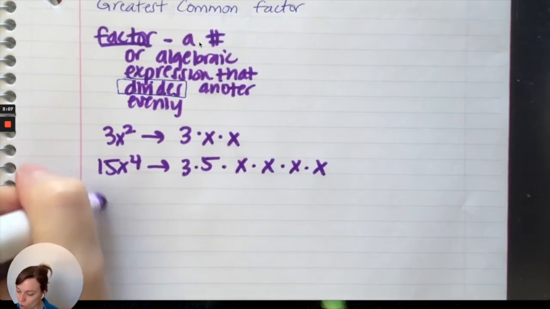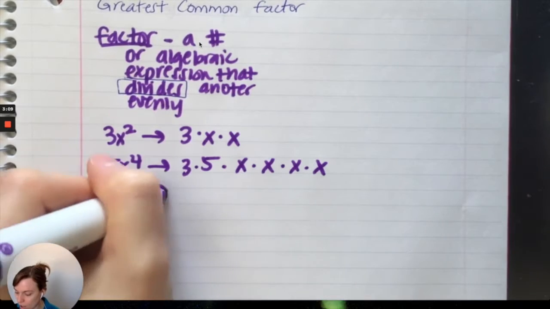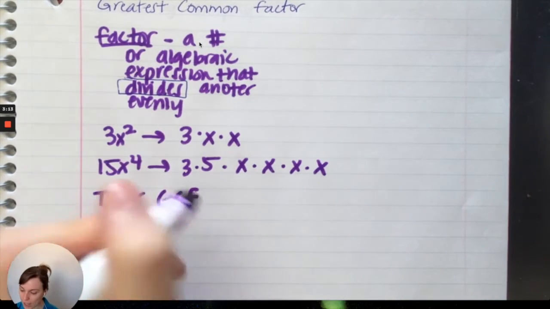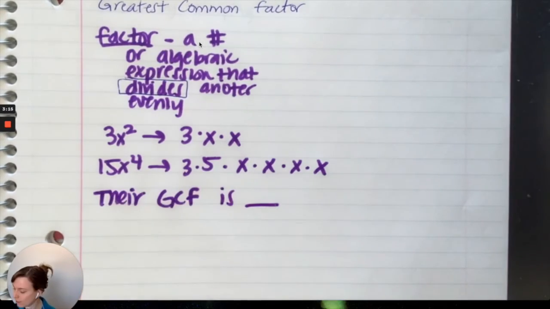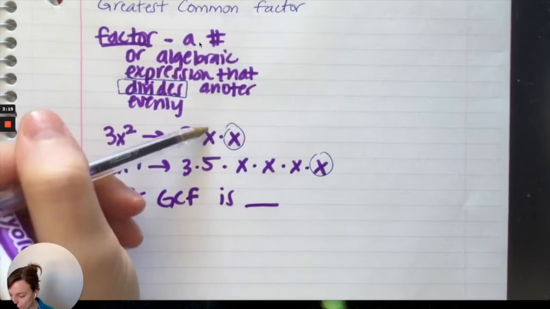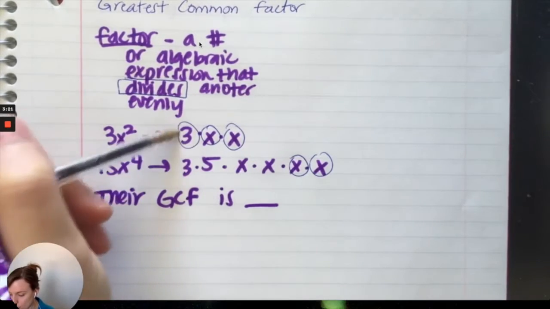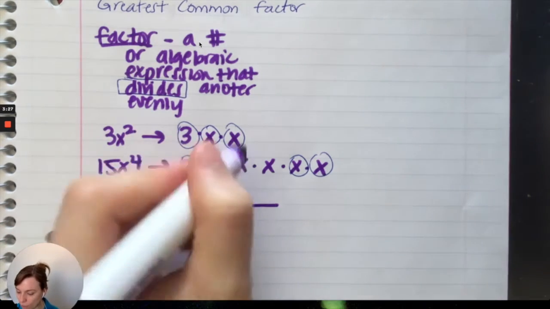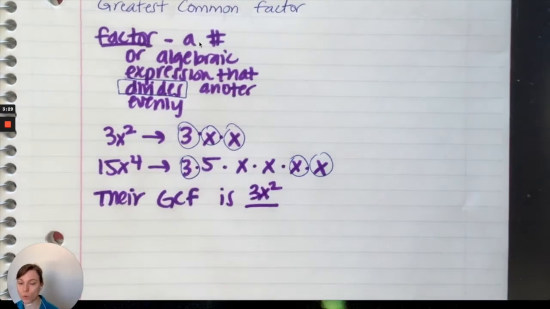Okay, so together, their GCF, their greatest common factor is... well, let's see. Okay, they both have an x in common, they both have another x in common, and they both have a 3 in common. That's the max that they have in common. So their GCF will be 3x squared.